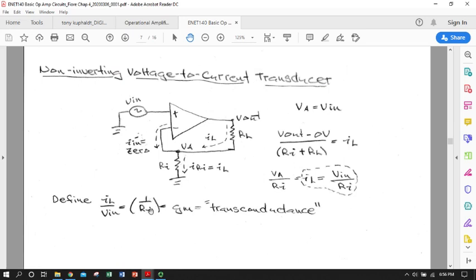It's 1 over the resistance, and it's known as a G sub M. That's a standard symbol, and it's called transconductance, or 1 over the resistance. You can think of it as the current to voltage ratio, output current to input voltage. But effectively, we calculate it the same way we did any other non-inverting.